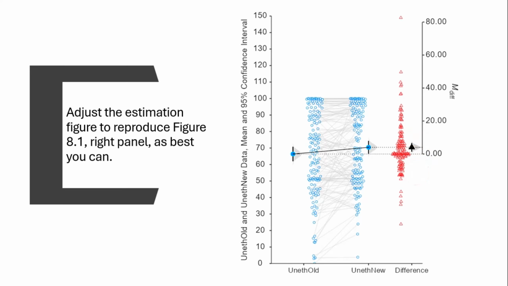Now, the one thing that this picture provides that's very interesting is the actual data. Look at the blue dots, the raw data. Here's the old and the new. And what's interesting here is the little gray lines between the two, that's showing you each pair.